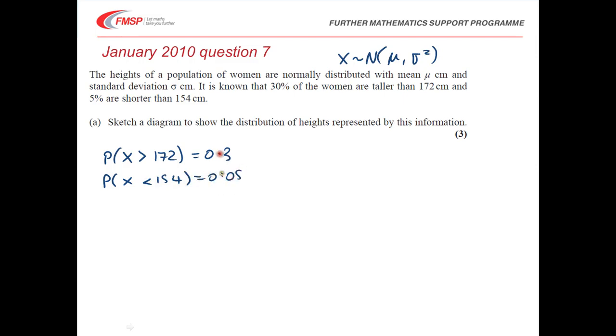Now, because the normal distribution is continuous, we don't really care too much about these inequalities as to whether or not they include equality. So we don't need to worry too much about that. Anyway, the question is then asking us to put this information onto a picture. So you've got to understand a few things to do this. First of all, here's your normal distribution, and the mean will be in the middle. And you will have this beautiful bell shape. Now, that doesn't really get you any marks.